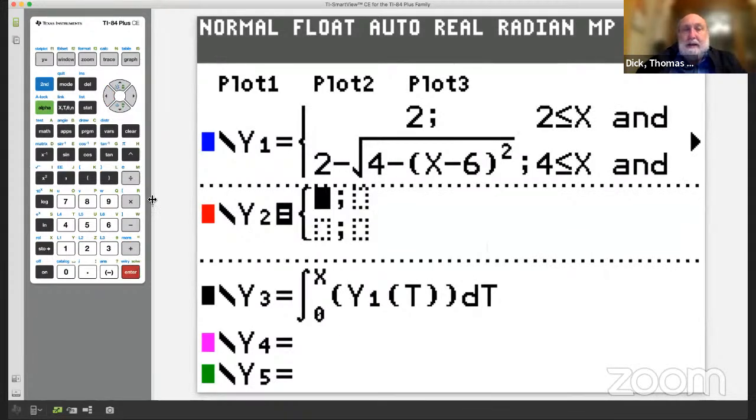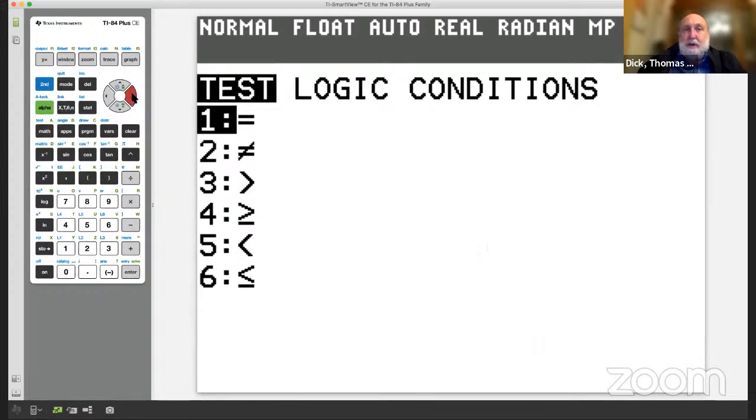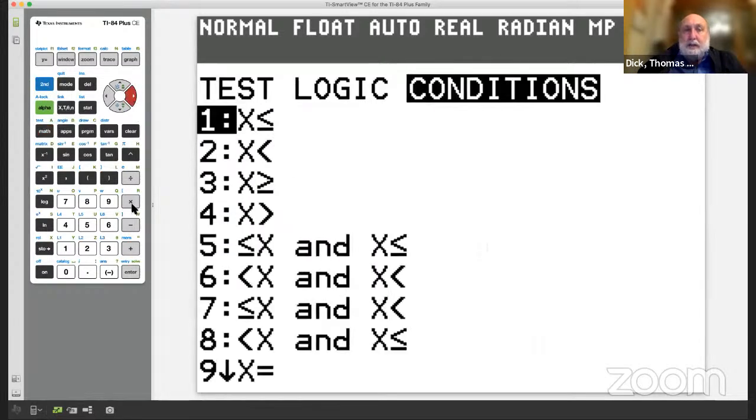Now, I think the function, it looked like it was just going up on a 45-degree slope there. I think it's basically y equals x. And that was good for 0 up to 2. And so here we'll go to the test menu, and it says conditions up there. And you can see we've got lots of selections here.